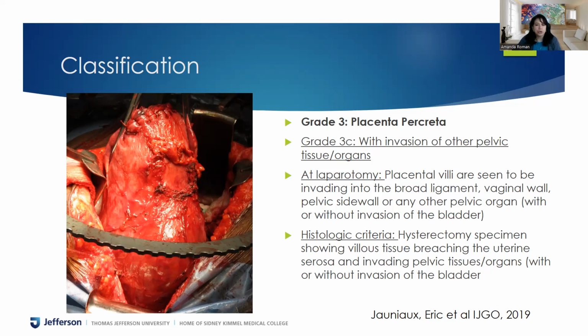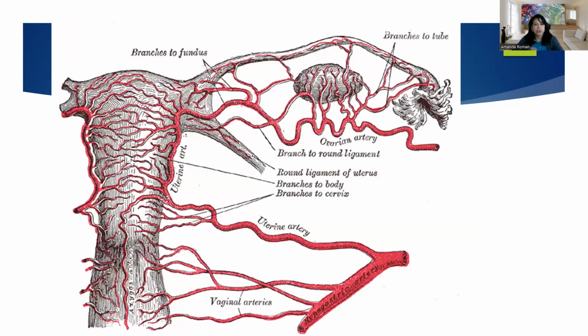The pelvis is so well irrigated, with multiple anastomoses to the ovarian artery, round ligament, vaginal arteries, and sacral arteries, all connecting inside the uterus, that it creates such a hypervascular state that it is very difficult to differentiate what is what.